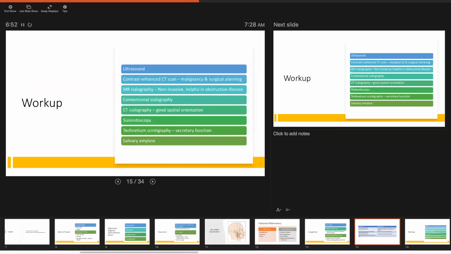So workup includes ultrasound to look for calculi and look for dilated ductal system, contrast CT scan to screen for malignancy, also CT for surgical planning, then MR sialography, especially T2 weighted imaging, gives good spatial resolution, especially in obstructive disease.